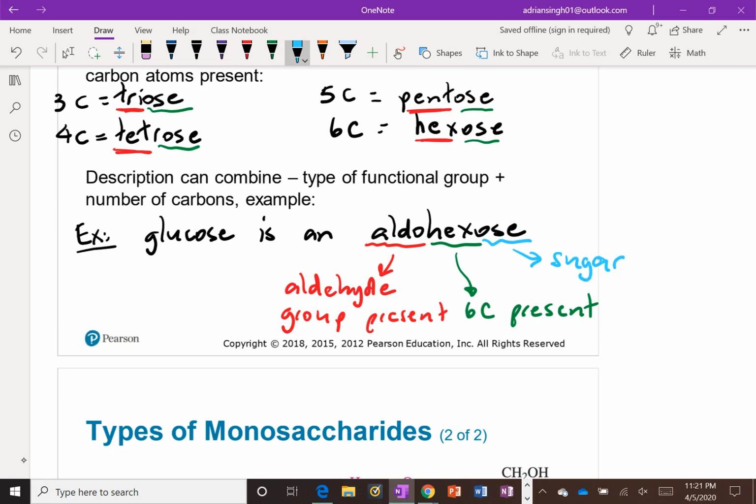So again, all parts of the name are indicative of the structure of our sugar.